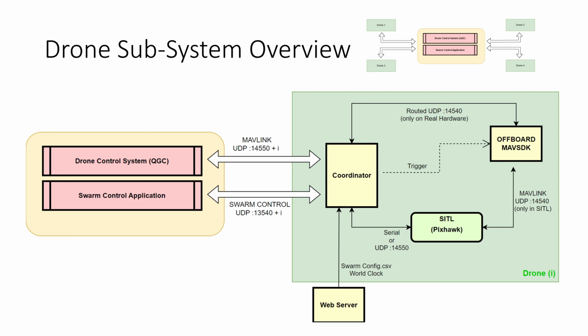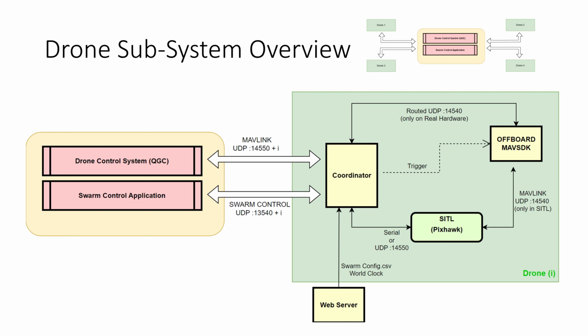Another thing that the coordinator takes care of is triggering the mission. It's very important that all drones trigger the mission at the exact same time. Otherwise, there is a risk of collision or the shapes in the sky would not be the exact shape that you expect. So the coordinator will take care of this challenge.